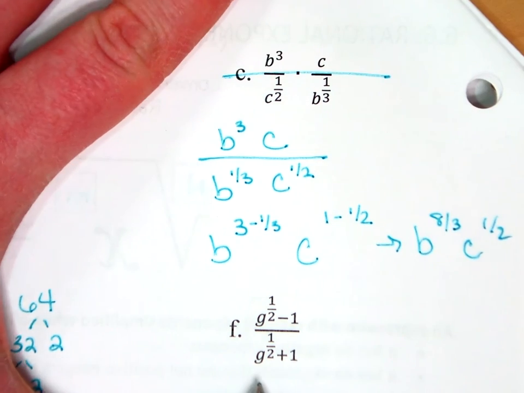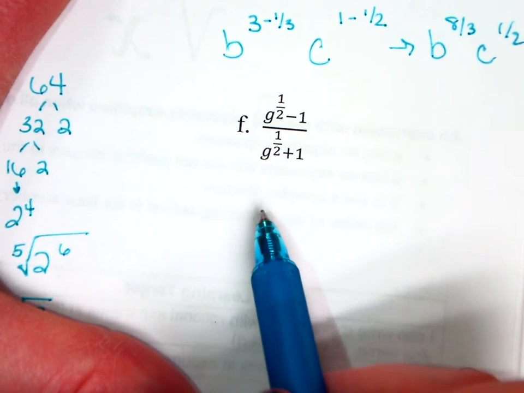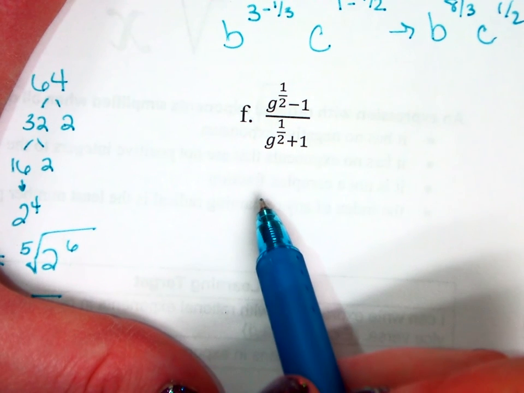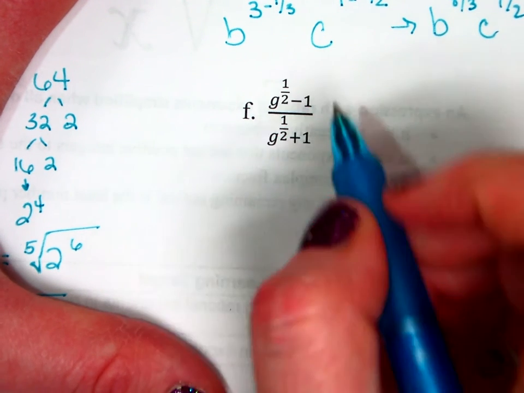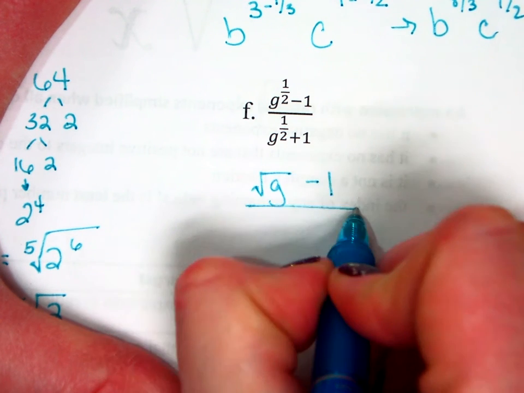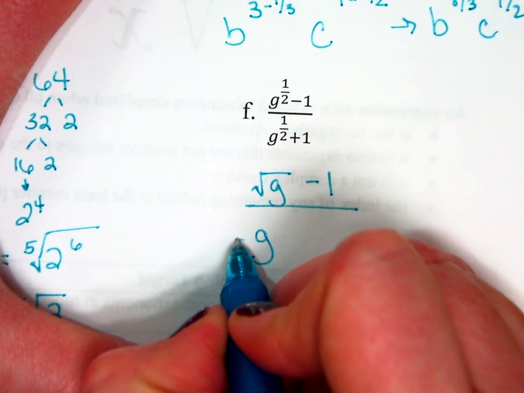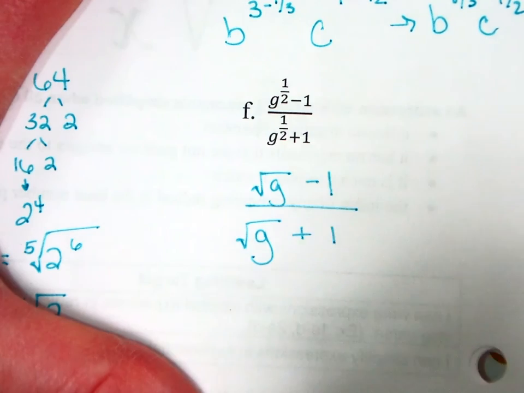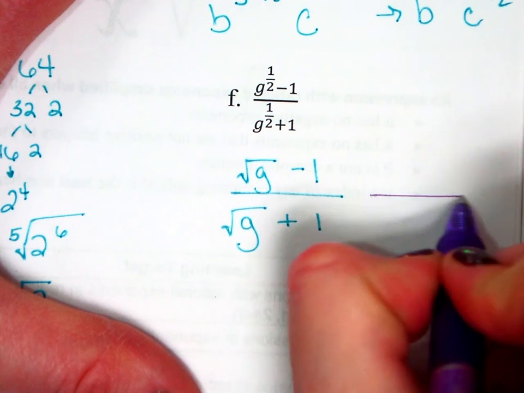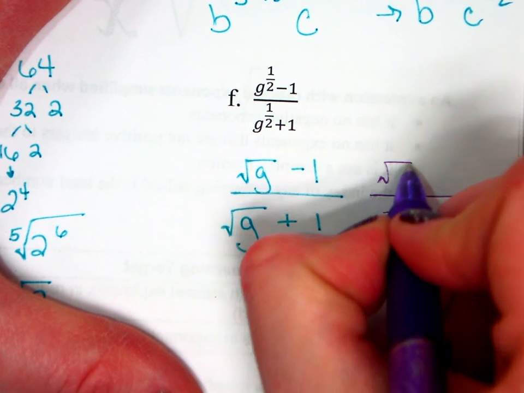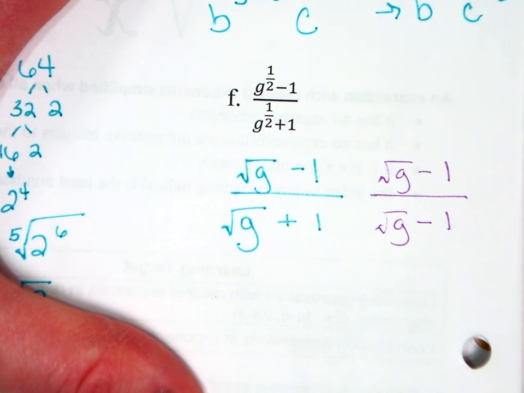On this one here, you've got to do a conjugate. So what I like to do is I like to rewrite this as the square root. So the square root of g minus 1 over the square root of g plus 1. So for the conjugate, you multiply by the denominator, change the sign. So the square root of g minus 1, square root of g minus 1.